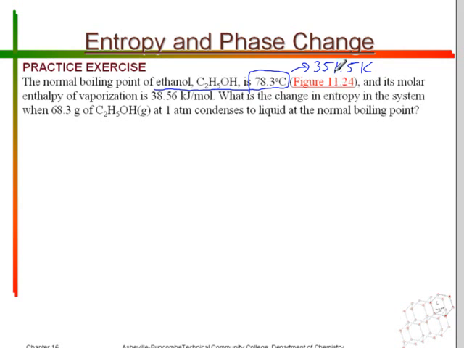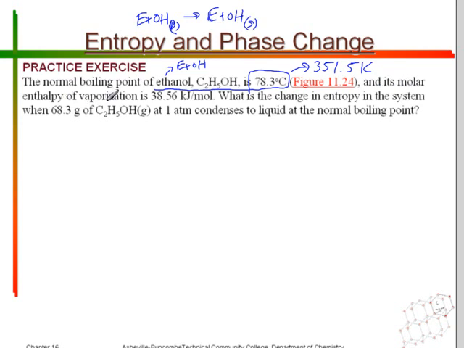That's a normal boiling point, so that's a transition. We know what that means. I'm going to abbreviate it: we're going from liquid to gas. That's the boiling point, so that's a liquid there. EtOH is my abbreviation for ethanol, and a lot of people's abbreviation.